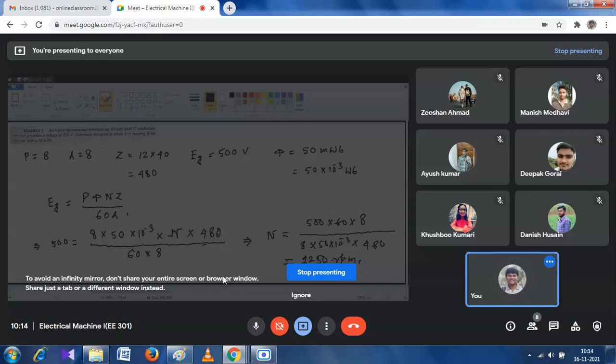Ayush: Sir, 2. Jishan, what is the value of A if the machine is wave wound?